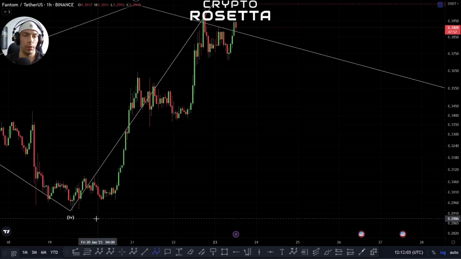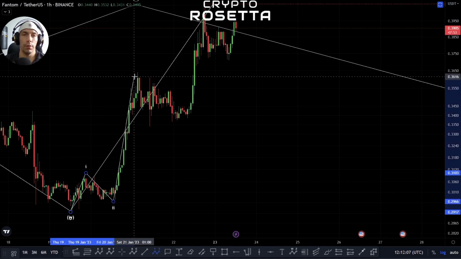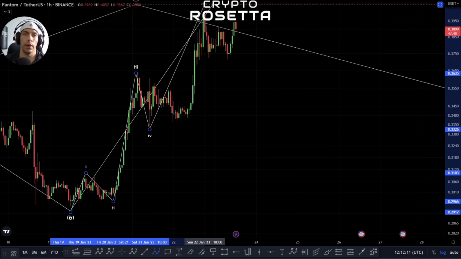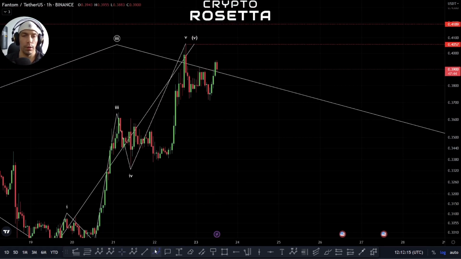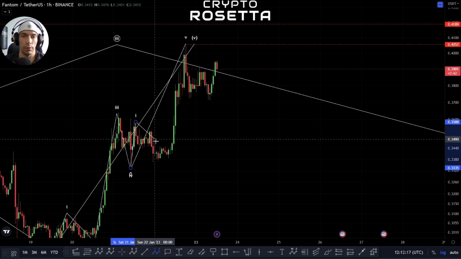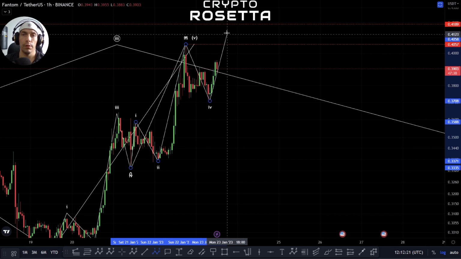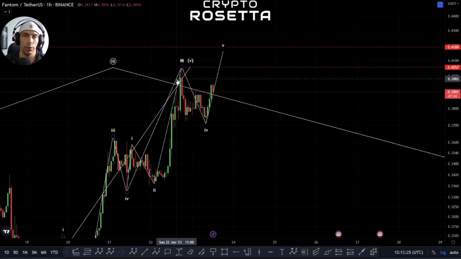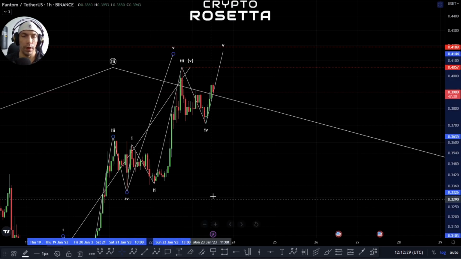We'd be looking at it like this, where this is a 1 2 up into here as a 3, potentially a fourth into here, and we could have a fifth wave to come still. The way we'd be looking at that within these internal subdivisions is a 1 2 3, potentially a fourth and a fifth. So this is basically a viable option until we cross back below this wave 1 high.